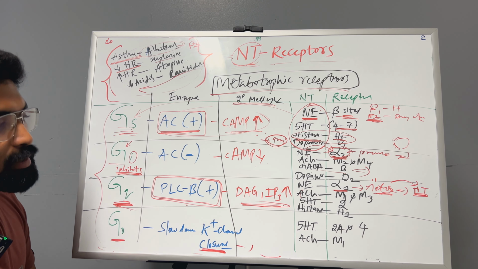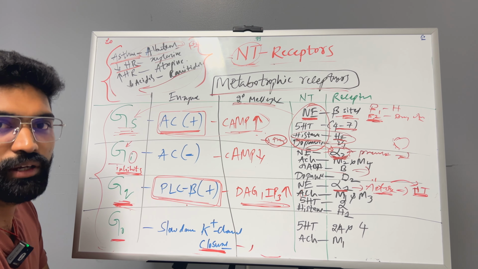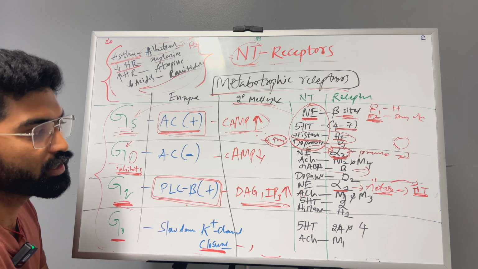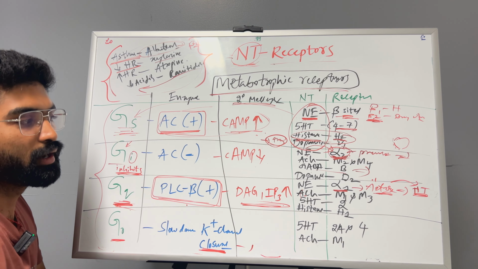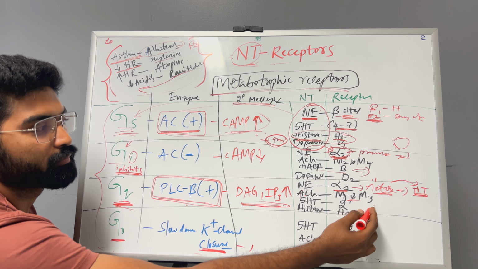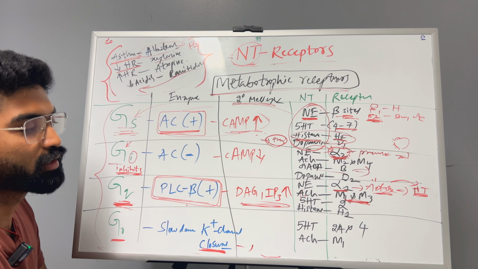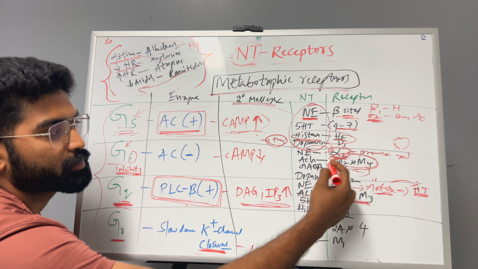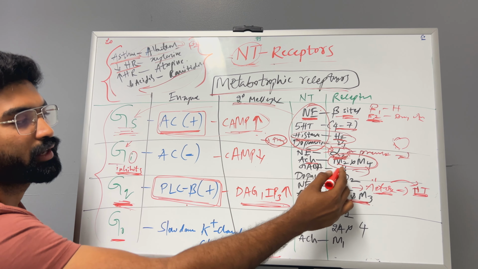Okay, so coming to acetylcholine, we know that acetylcholine works on two types of receptors. One is muscarinic and another one is nicotinic. The nicotinic type of receptors are ionotropic and the muscarinic receptors are metabotropic. The M2 and M4 receptors are present in the heart. I forgot to mention this function of acetylcholine.